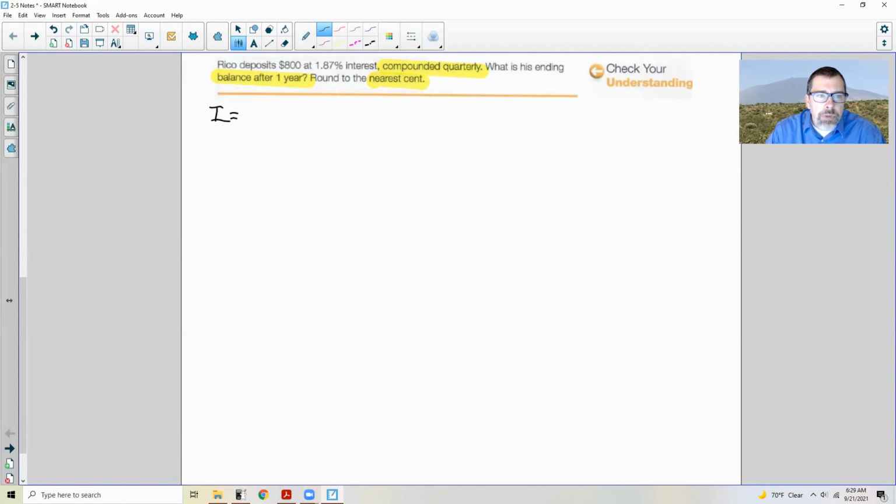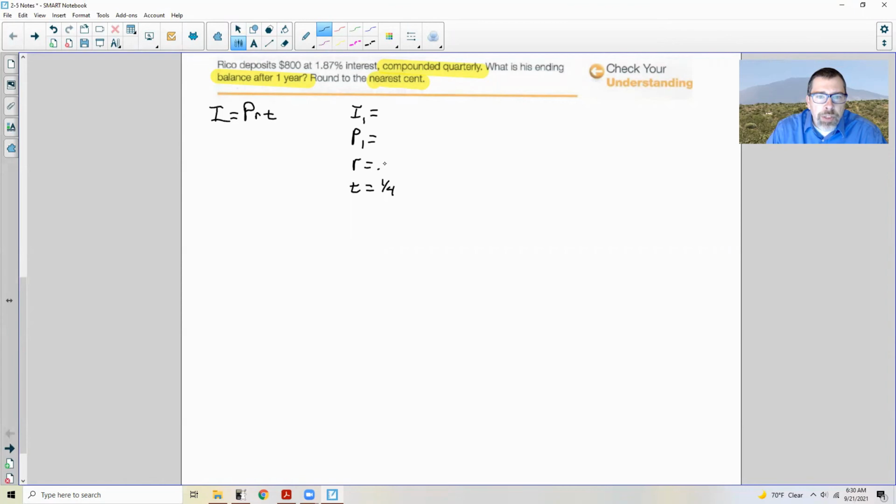I equals P R T. So I'm going to call this I sub 1, P sub 1. R and T never change. Okay, we're trying to find the interest after the first quarter, and it is quarterly.